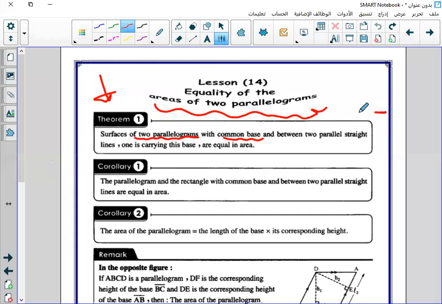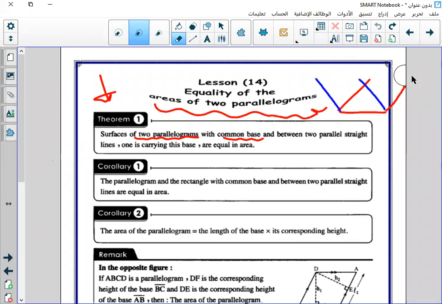For example, this is the common base, and this is the first parallelogram and this is the second parallelogram. Okay, do you understand? The first parallelogram and the second parallelogram are between two parallel straight lines.